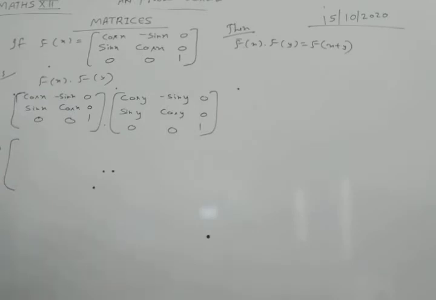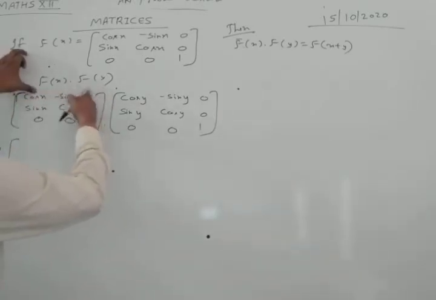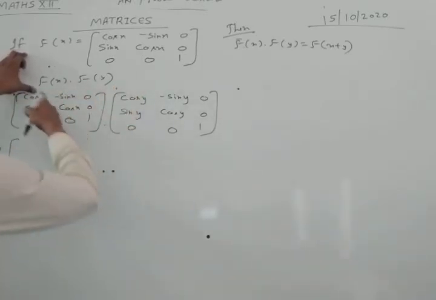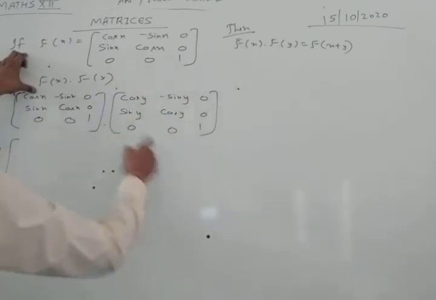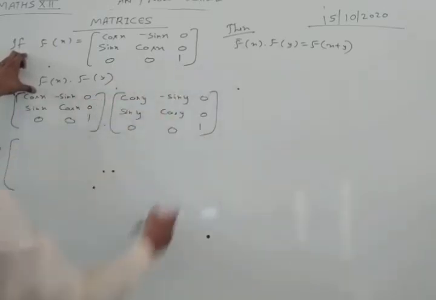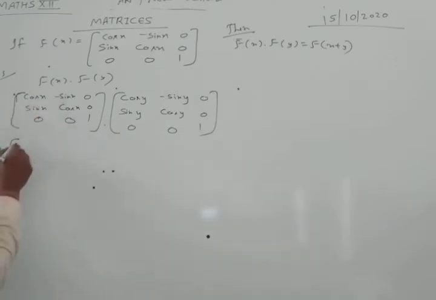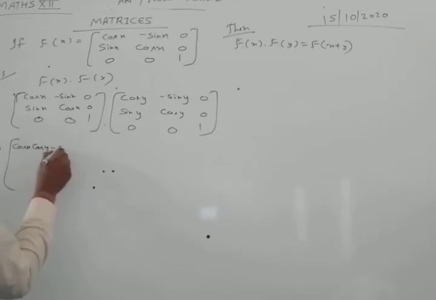So how will we multiply? First we take first row and first column, then first row, second column, and first row, third column. So cos x cos y minus sin x sin y, and this term will be 0.